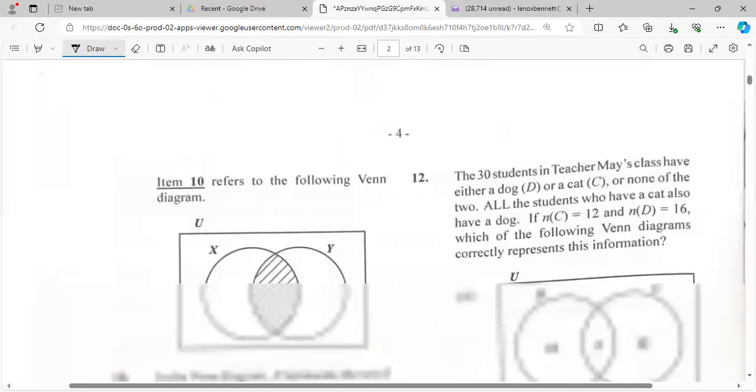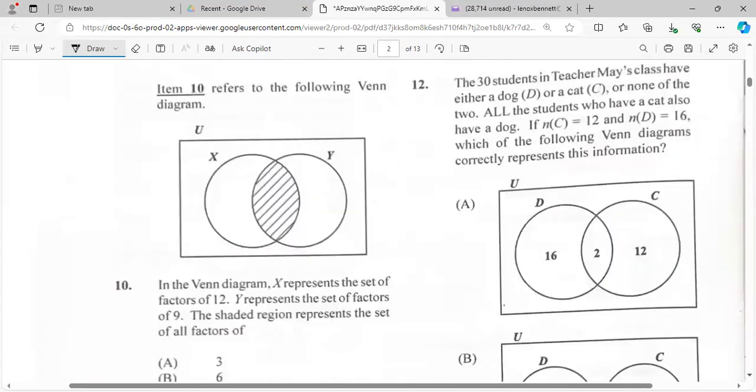Let's go. It says item 10 refers to the following Venn diagram. The Venn diagram: x represents the set of factors of 12, y represents the set of factors of 9, the shaded region represents. So factors are numbers that can go into a number without leaving a remainder. So I'm going to list the factors of 12 and the factors of 9. So what are the numbers that are common? In 12 you have 1, 2, 3, 4, 6, and 12 itself.